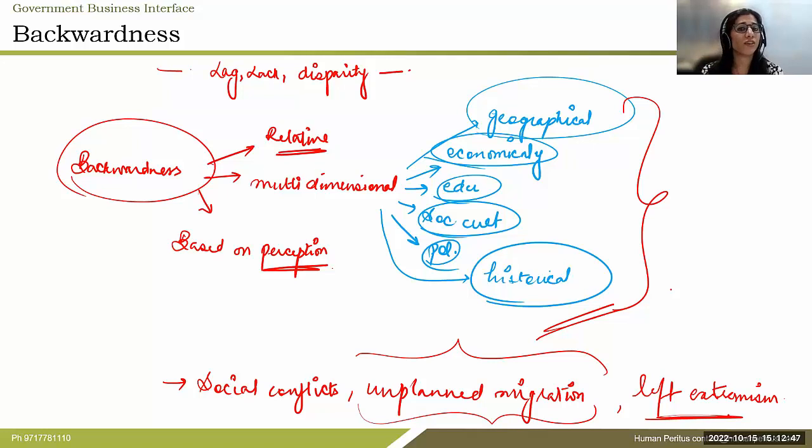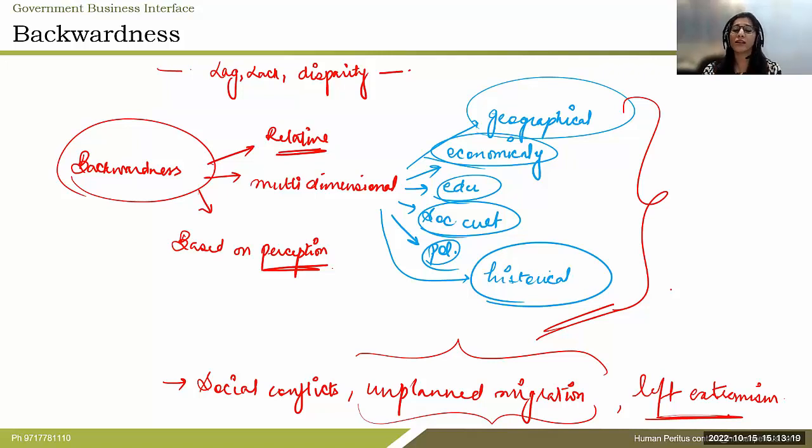They have that inferiority complex, and they do not let the government interfere in their issues. So it causes other issues too, not only in ideological form, but it also gives rise to terrorist activities as well. So these are the various kinds of issues that can lead from backwardness. All right. So this was the basic introduction to the concept of backwardness.